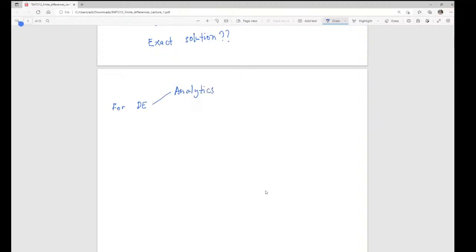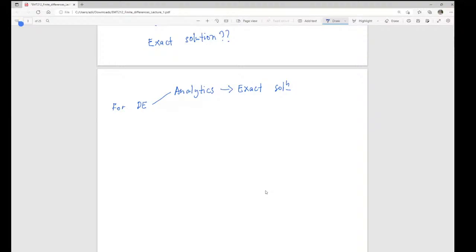In analytic methods, you can find the exact solutions. However, sometimes it's quite difficult to do so, and sometimes the PDE does not have an exact solution.